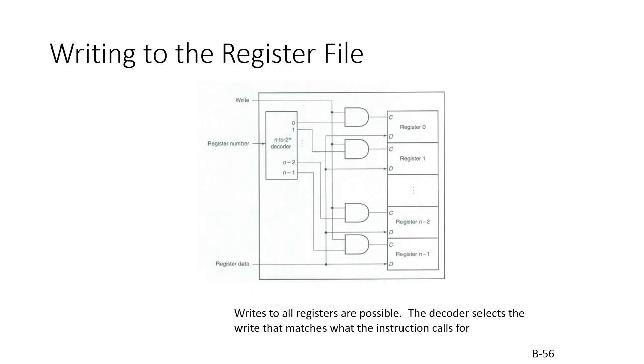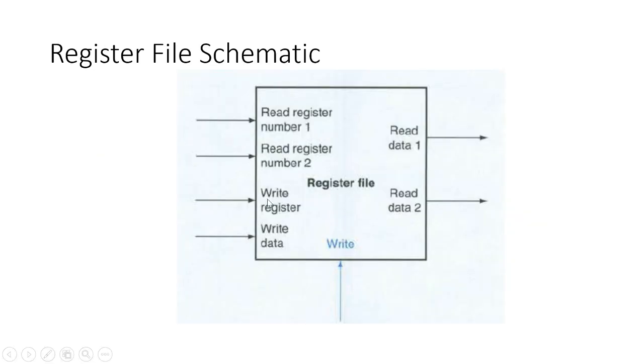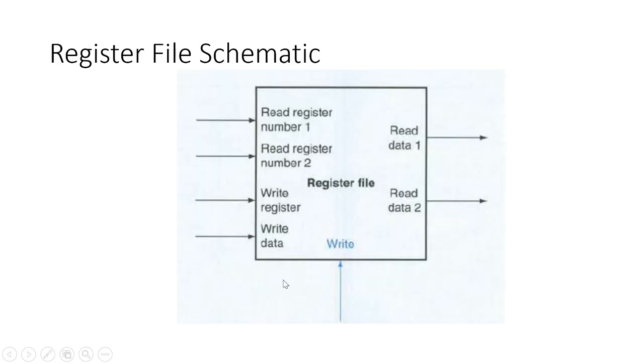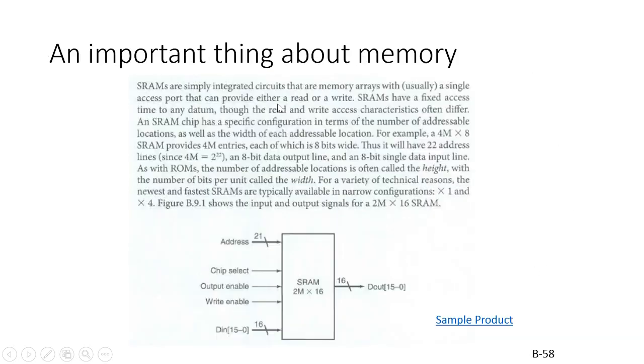I used the book and the slideshow here to demonstrate what a flip-flop is based on a latch, how we use these flip-flops to create registers, or what they refer to as a register file, and however many bits you want that long. Then we talked about how we read from them, how we write to them, and what that looks like symbolically. Here it's this whole thing plus the read portion simplified into this schematic.